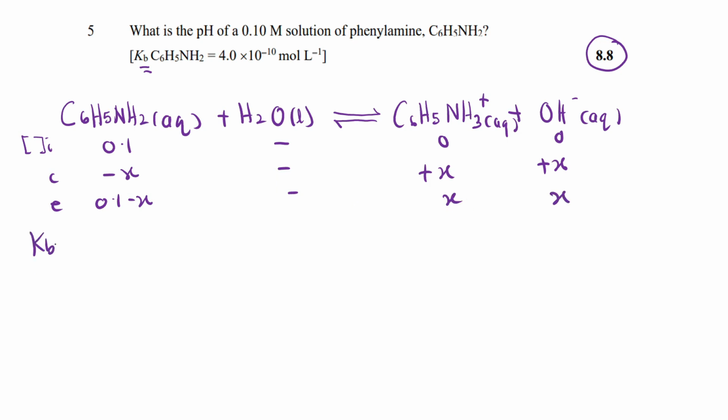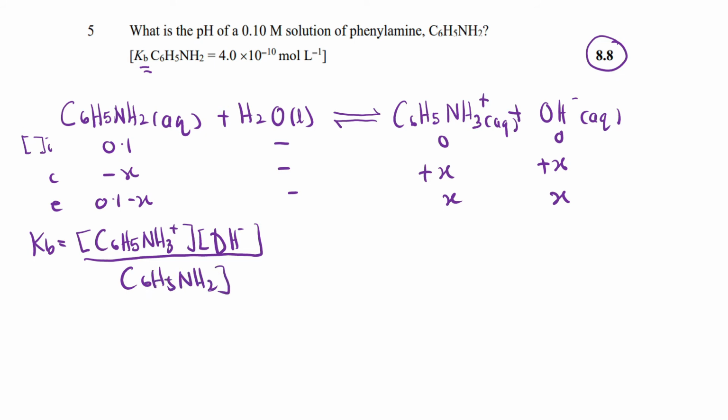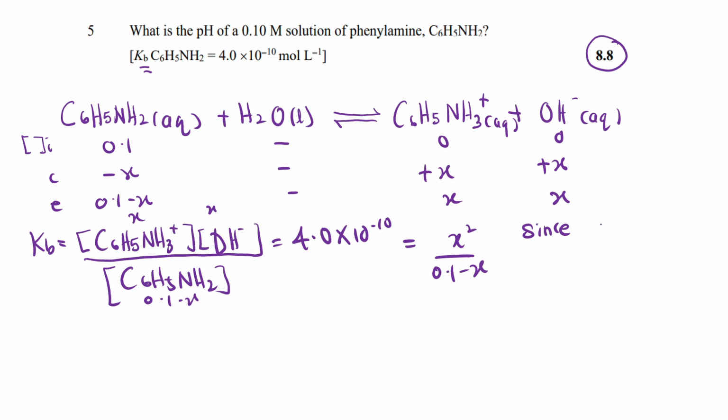So kita tulis Kb punya expression, product over reactant, C6H5NH3 plus darab OH minus over C6H5NH2. So bersama dengan nilai Kb kita iaitu 4.0 exponent negative 10. Jadi kita gantikan nilai di sini X, X, this one is 0.1 minus X. So dapat X square over 0.1 minus X. Jadi macam biasa kita buat approximation because Kb kita sangat kecil.